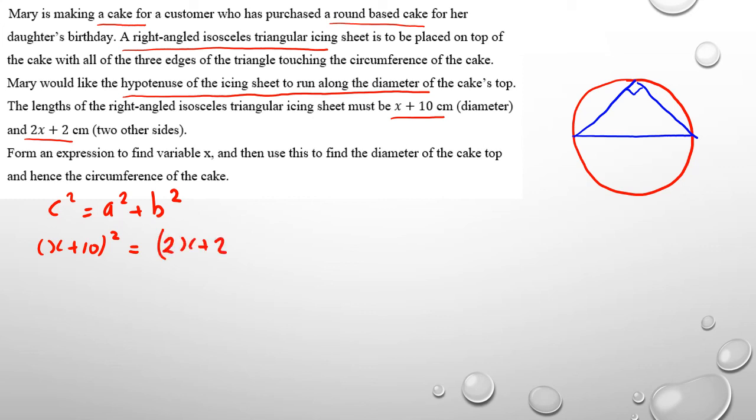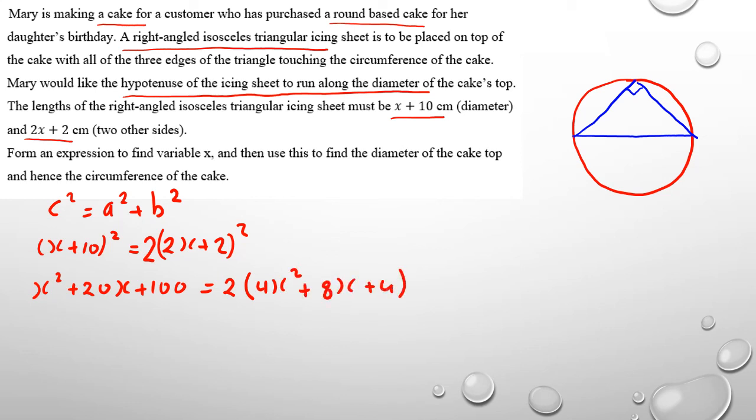And because I've got 2, that square, I've got 2 of them, so I multiplied by 2. And now I'll expand, so it's x squared plus 20x plus 100 equals 4x squared plus 8x plus 4. Keep expanding.